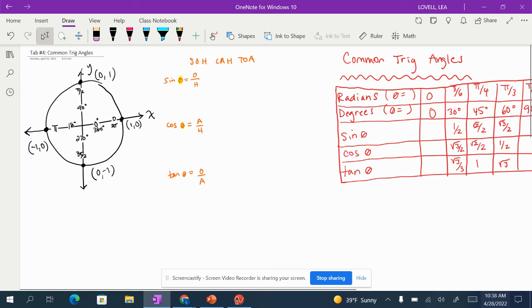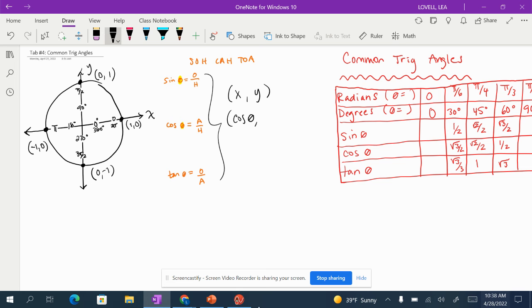And remember when we went through all of these ratios and we found that x and y can be rewritten as cosine of theta and sine of theta. Okay. So x is always cosine of theta, y is always the sine of theta.